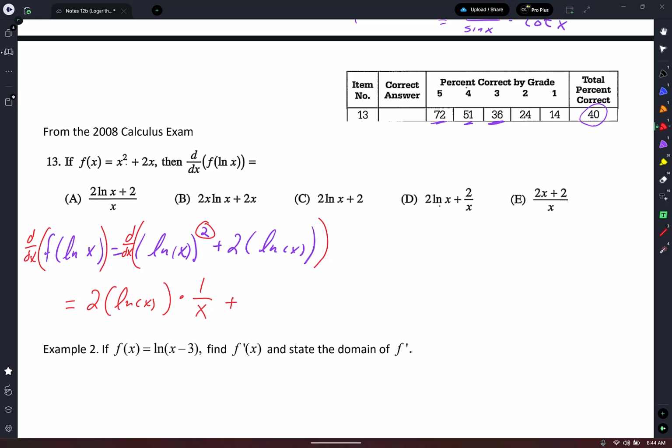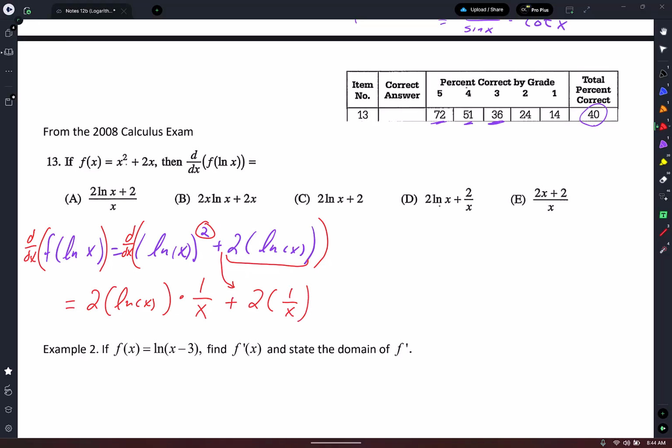Plus. That plus is this plus, right? No. I'm just taking the derivative of this. So 2 ln of x. No, what's the derivative of ln of x? 1 over x. Oh, that's right.